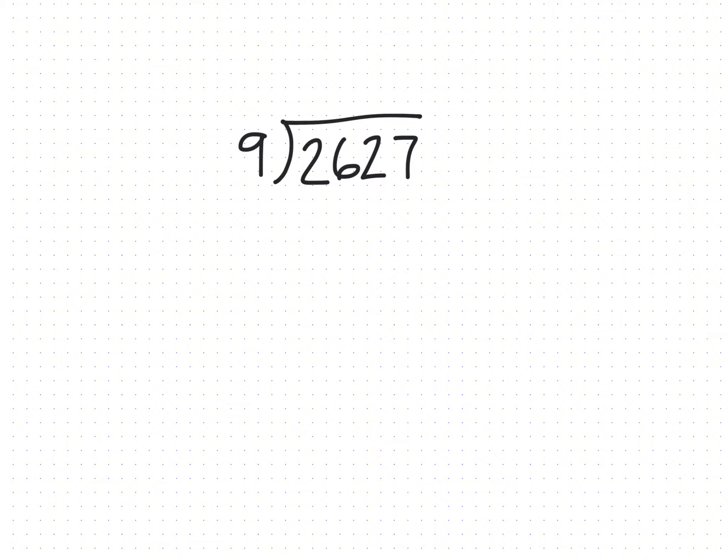So it's only going to go in 2 times, because 2 times 9 is 18, and 3 times 9 is 27, and 27 is obviously bigger than our 26, so we can't do that. We're going to go ahead and write in our 18, and then I'd like you to do the next step, which is our subtraction.